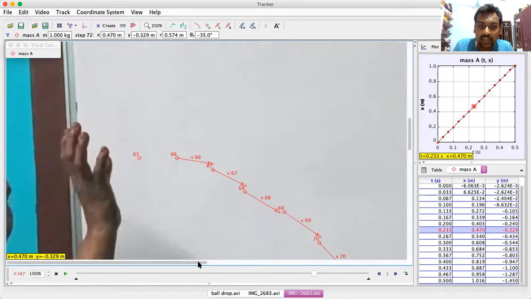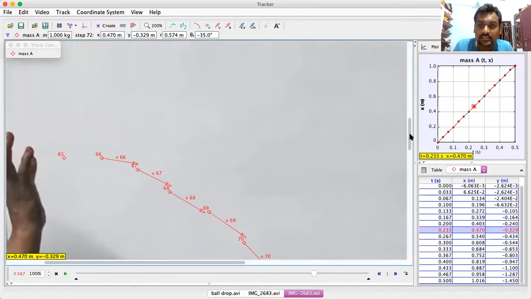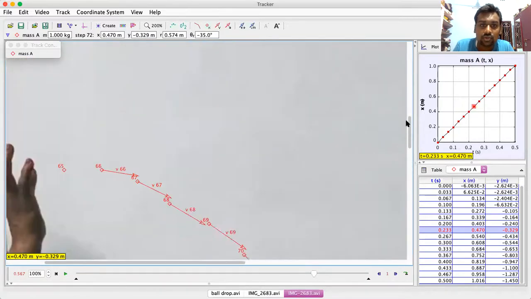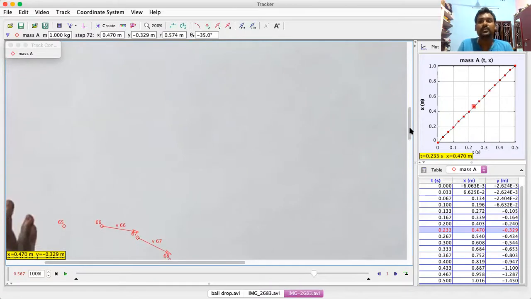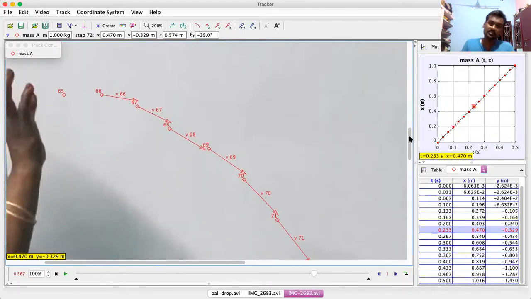However, towards the end, the arrows are increasing in size. And also, the angle which these arrows are making with respect to the x-axis is increasing, but in the negative direction. They are becoming more and more negative. So, how do we know this? What is this telling us?